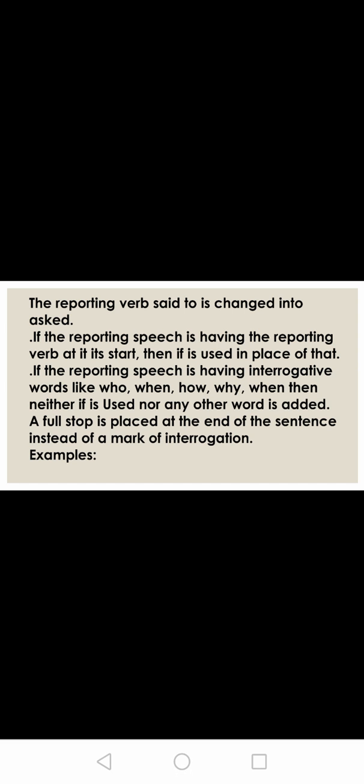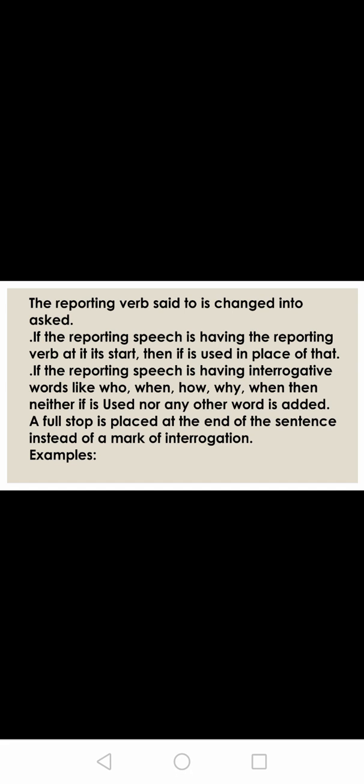So the reporting verb said is changed into ask. If the reported speech begins with a helping verb, then if is used in place of that. Here we are going to use if.